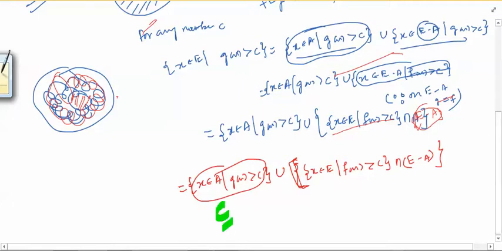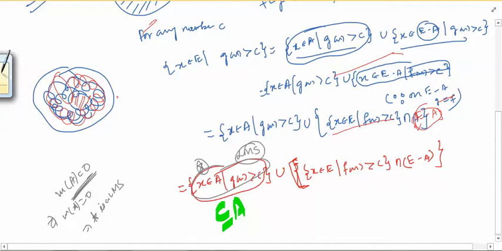You can see that this is actually a subset of A, and we have already seen above that the measure of A is 0, and every subset of a set with measure 0 has measure 0. So it implies that this particular set, I'll call it star, has measure 0. It implies that star is a Lebesgue measurable set. So this first set is a Lebesgue measurable set, right?